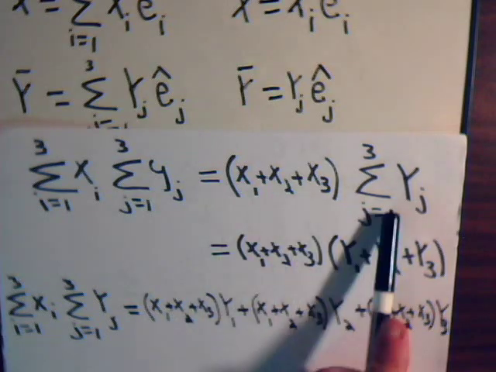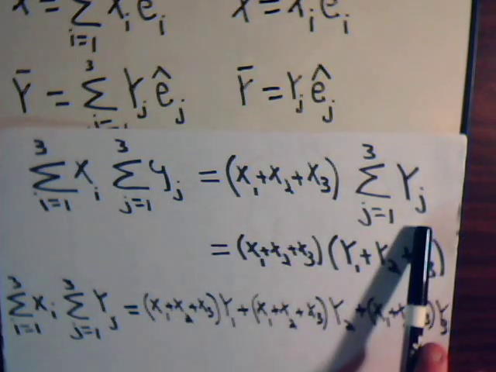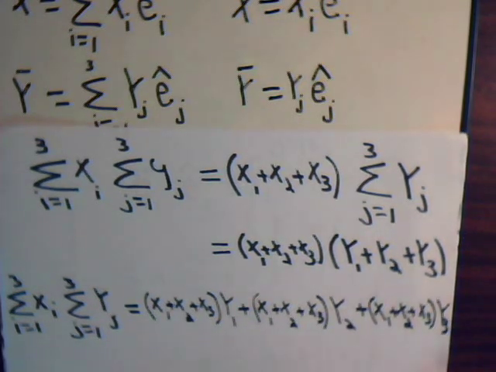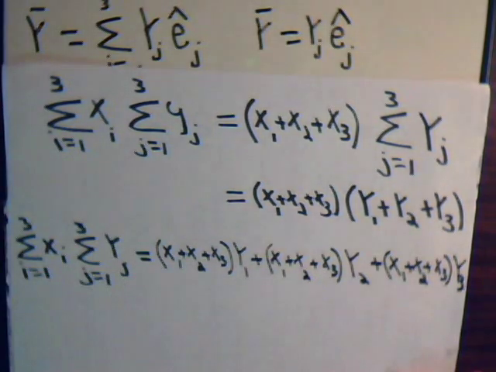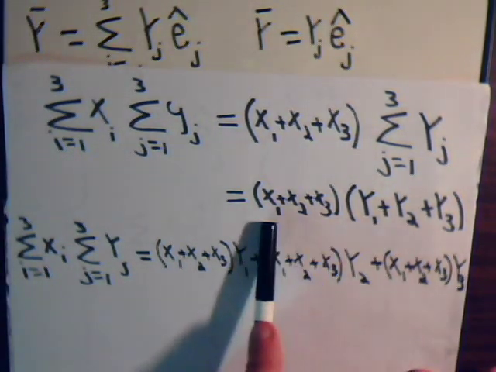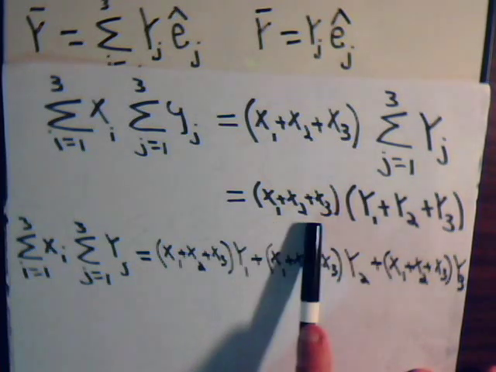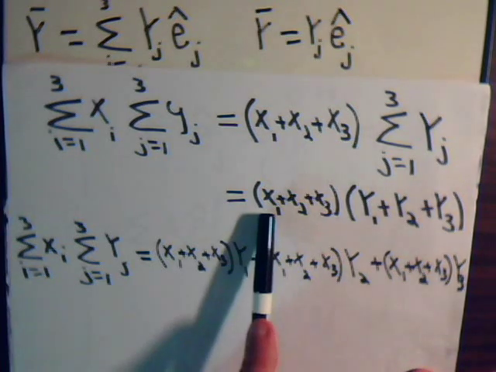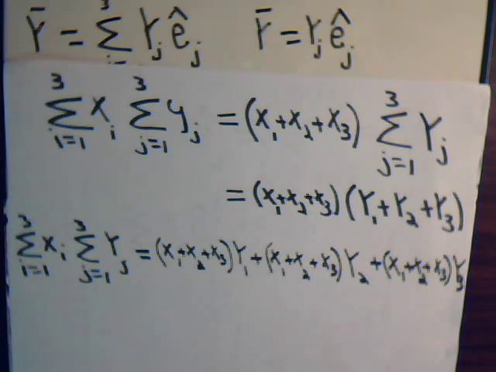So here it is, times this. And then here we're going to sum over j from 1, 2, and 3. So it gives us this. So multiplying this times this gives us this expression times y1 plus this expression times y2 plus this expression times y3.